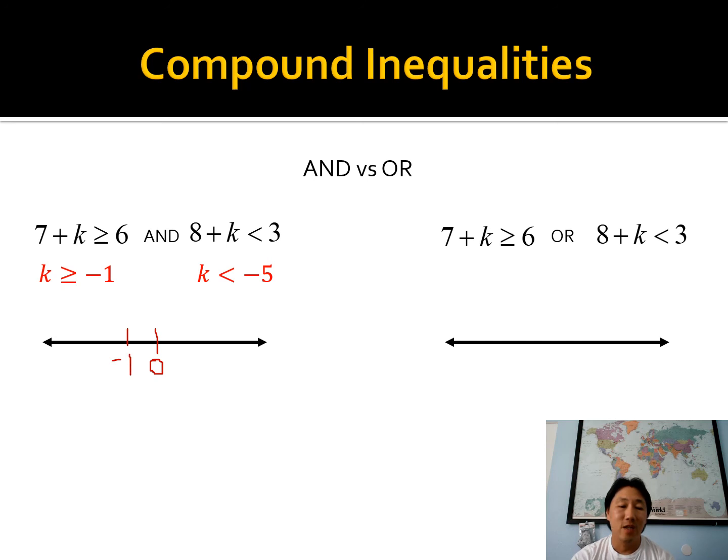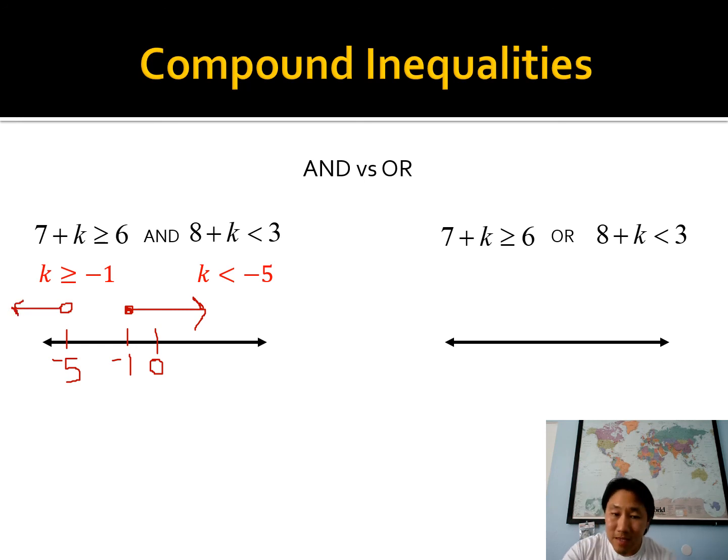And then it's a closed circle because it has the equal sign. Greater than means this way. The -5 is somewhere around here. It is an open circle. And it says less than, so we're going to go this way.